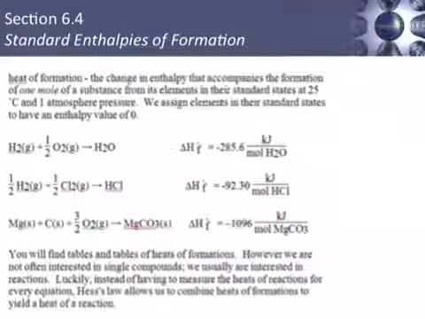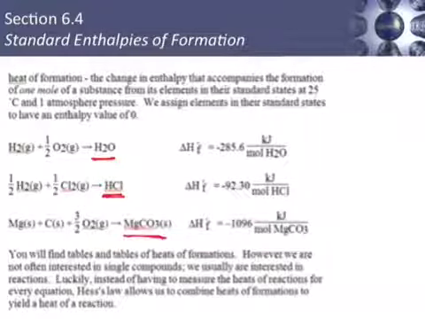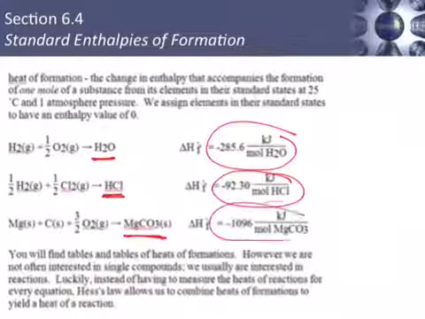So the heat of formation, like I said, if you see these equations right here, there's 3 equations. And the heat of formation for water, and we see that it's 1 mole of water, 1 mole of HCl, and 1 mole of magnesium carbonate. Each one of those, the standard formation, has a value, and that is in kilojoules per mole of whatever we're making.